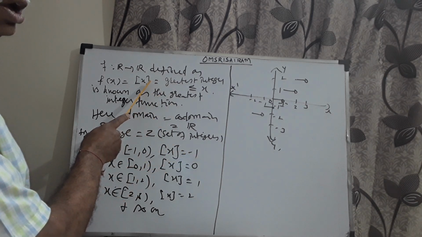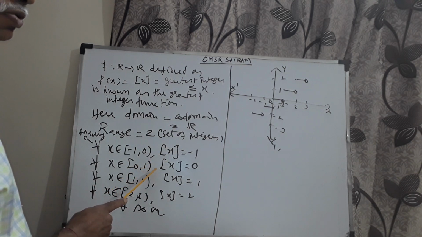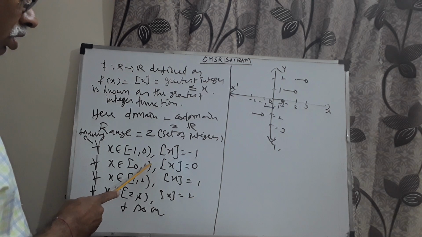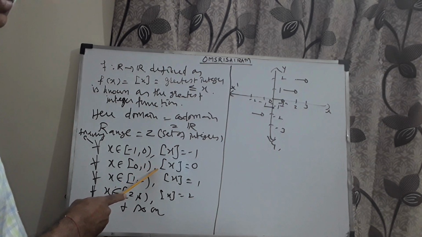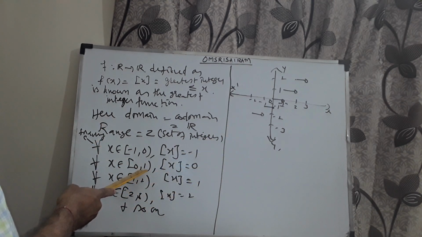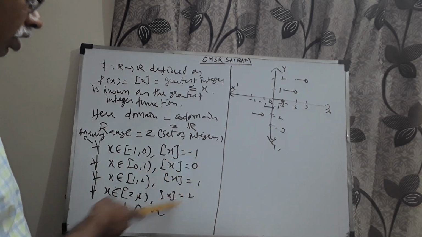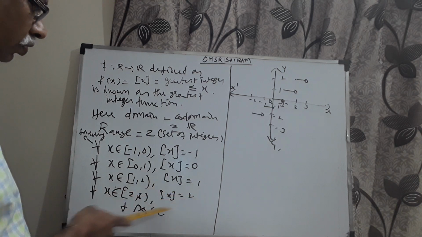You use box here, therefore it's called box x. Similarly, between 0 and 1, inclusive 0, exclusive 1, for example 0.1, 0.2, 0.3, etc., 0.99, etc., nearer to 1, but not exactly 1, there are infinitely many integers below that: 0, -1, -2, etc. Greatest integer is 0. Similarly, for x in [1, 2), closed 1, open 2, box value is 1.